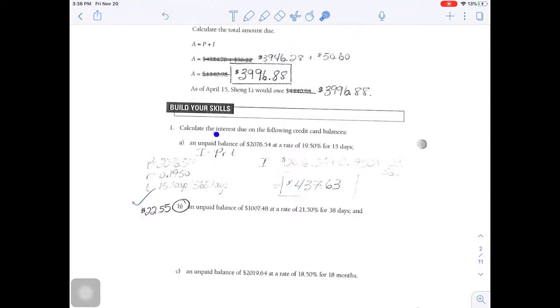Calculate the interest due on the following credit card balances. So for B, an unpaid balance of $1,007.48 of 28.5% for 38 days.